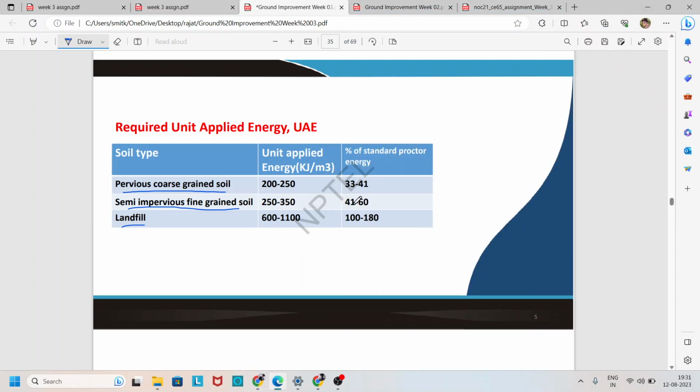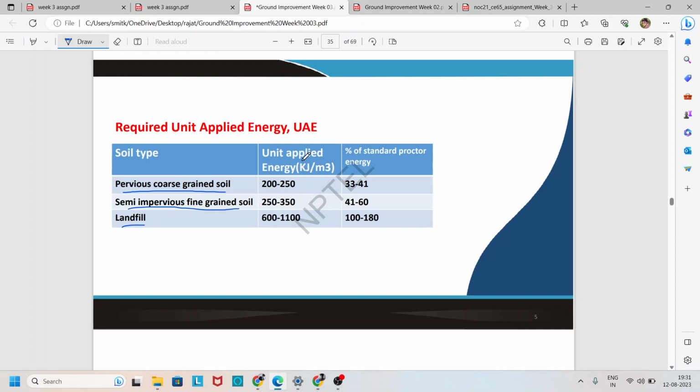So again we start. Here the table shows different unit applied energy for different soil types. First one is pervious coarse grained soil, where unit applied energy is between 200 to 250, and semi-pervious fine grained soil, where applied energy is 250 to 350 kilojoule per meter cube.